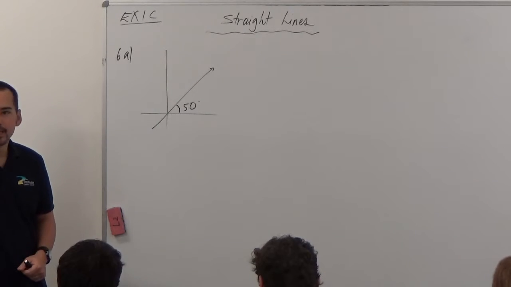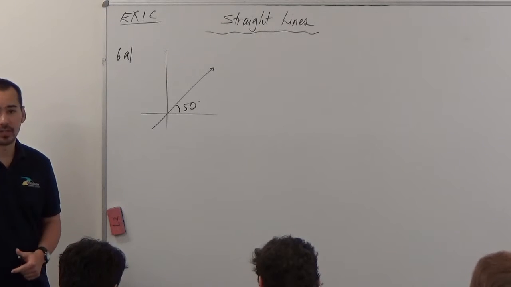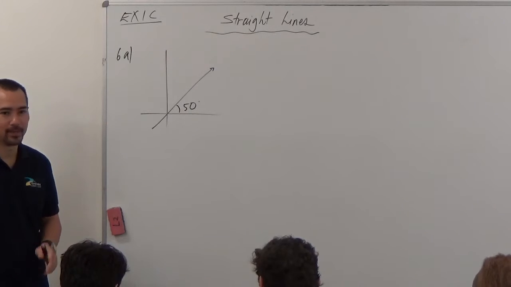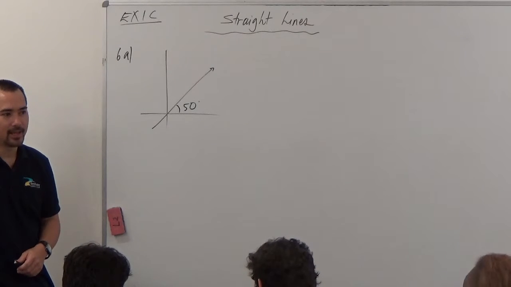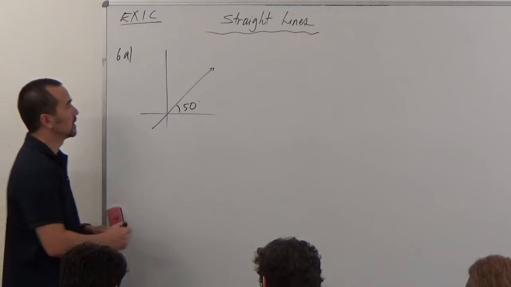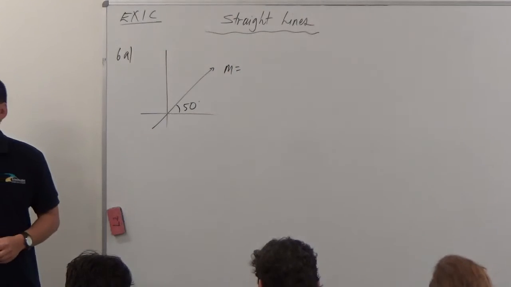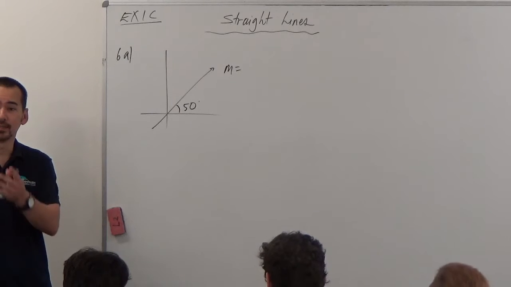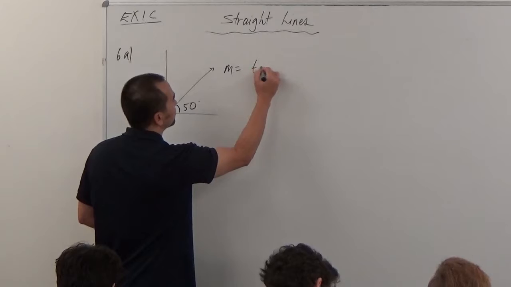Let's say an airplane is taking off at 50 degrees, and we want to know the gradient at which it is moving. How are we going to solve this one? Let's use m equals tan theta.